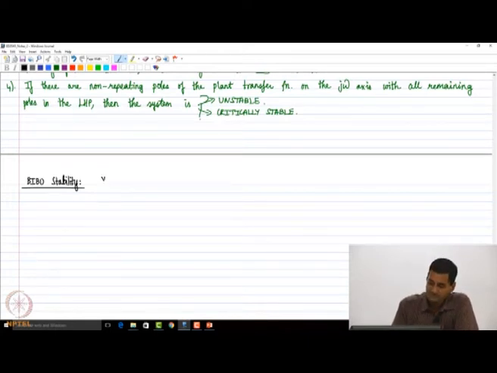So we know that y of s is P of s times U of s. You give me any plant transfer function, the output to an input u is going to be P of s times U of s. This implies that y of t is equal to the integral from 0 to t of p(t minus tau) u(tau) d tau.